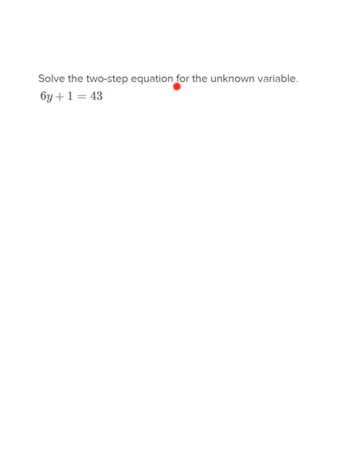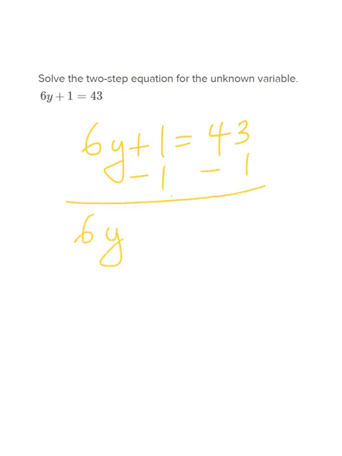Solve the two-step equation for the unknown variable. 6y plus 1 equals 43. This is going to be a really fast problem because there are no fractions and there are no decimals. The opposite of adding 1 is to subtract 1. I get 6y equals 42.